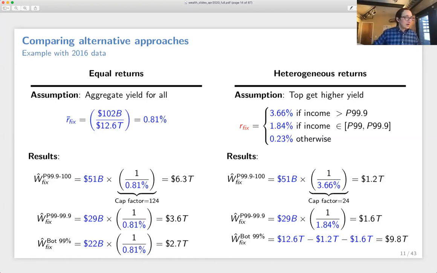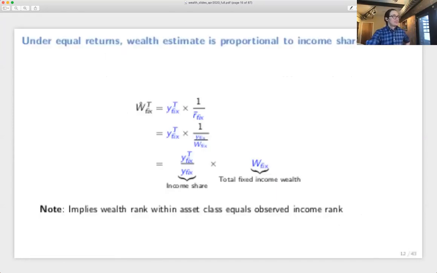So it's quantitatively quite important. The next group is going to have 1.6 trillion. The remainder is going to have 9.8 trillion. If you took the flow they received to that 23 basis points, you could think of that maybe reflecting the average yield on deposits and other sort of low interest fixed income accounts. And I'll show some more evidence on why that's the right type of asset to be thinking about.